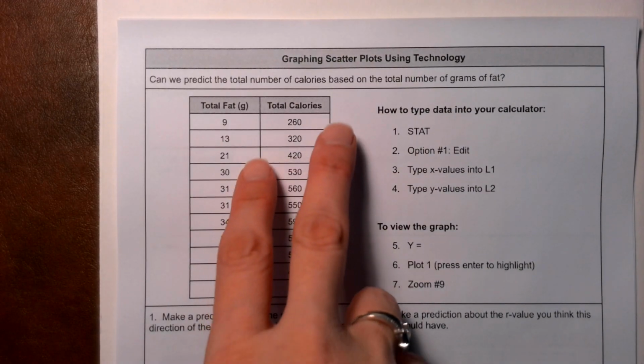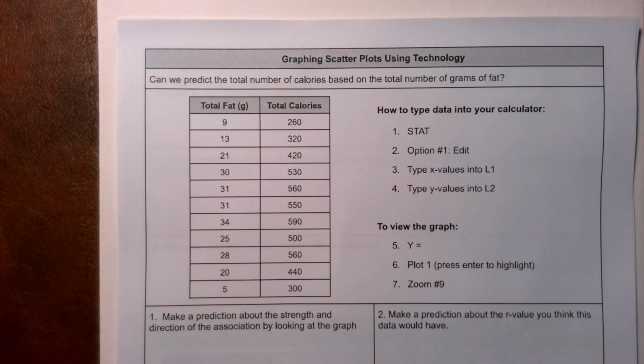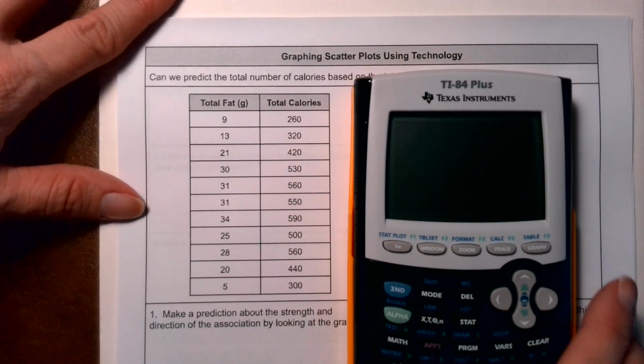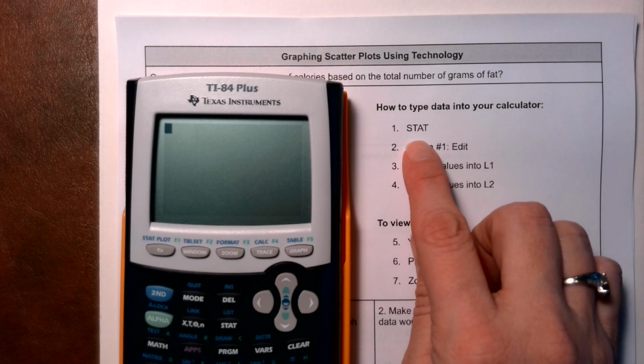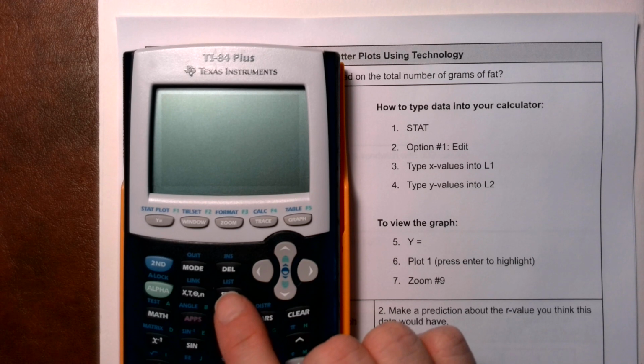This next table is the same table that we just had, and we're going to enter this data into our calculator. So the first thing I need everybody to do is get your calculator out, and we are going to go to the Stat button, the Statistics button, right here.